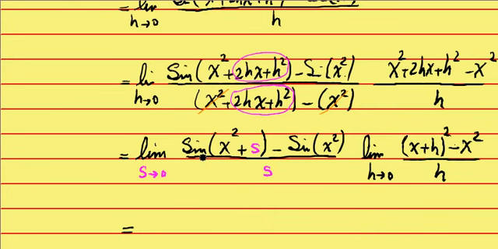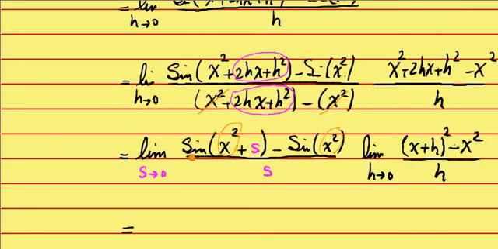Okay, sine of, now do not get sidetracked by the appearance of this x squared. So long as this is same as that, we are okay. Sine of anything plus a small quantity minus sine of that thing divided by that small quantity. Where does that go to? What's the limit of this expression?